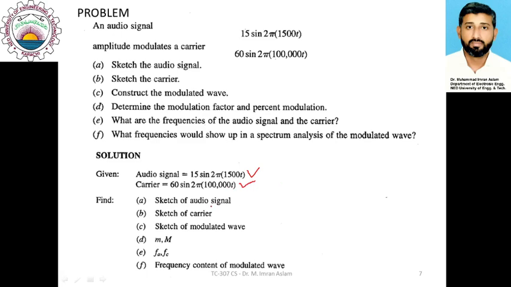The first two parts are the simple sketching of this audio signal and the carrier wave. You can notice that both are represented as sinusoidal functions, so we can simply plot the sine functions with appropriate frequencies.